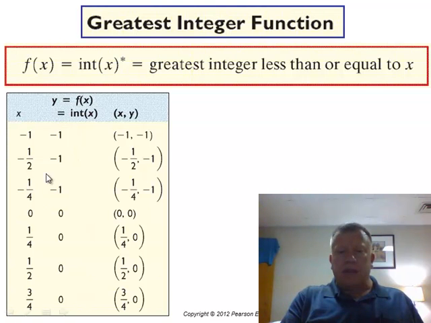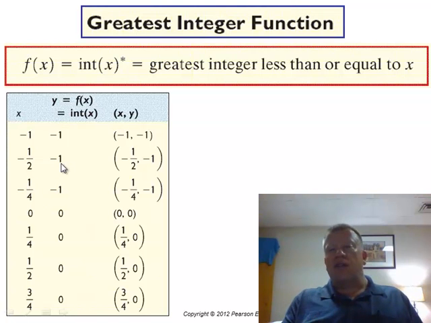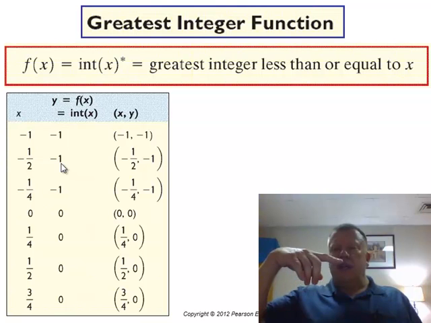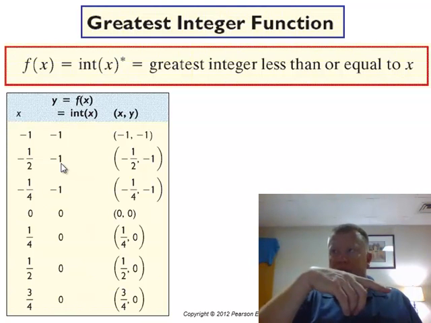So if you want to plot this, you can come up with some different values for x. And here are the corresponding functional values. The int of -1 is -1, int of -1/2 is -1. Because it's always going to output the integer to the left.